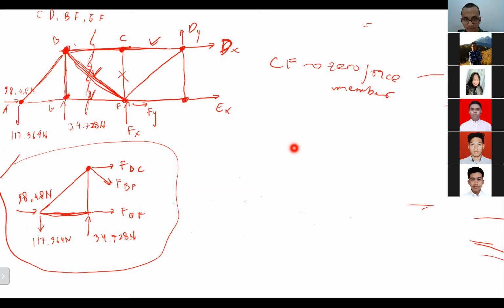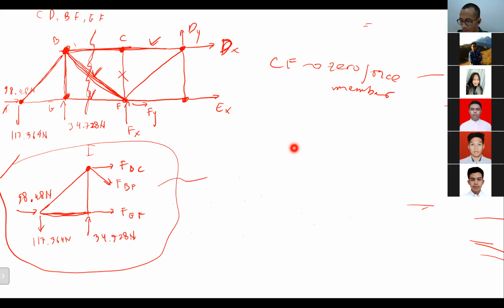Diva, can we solve this particular free body diagram, Diva? The one you just drew, sir. Yes, can we solve it? We have three unknowns there. Maybe I'm not quite sure, sir.